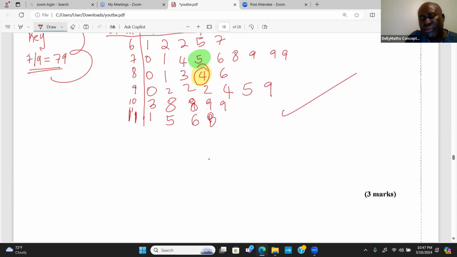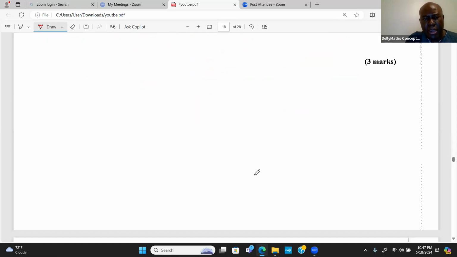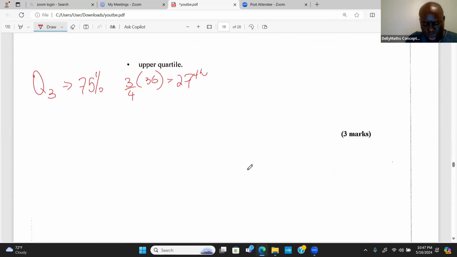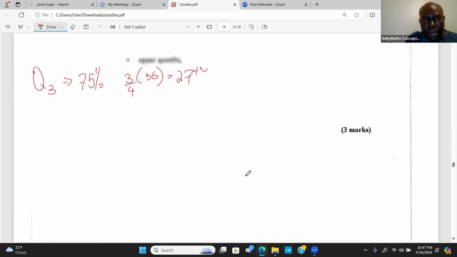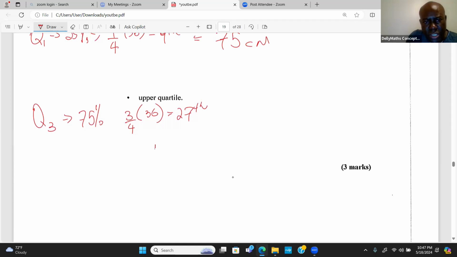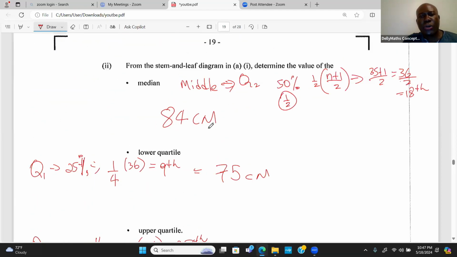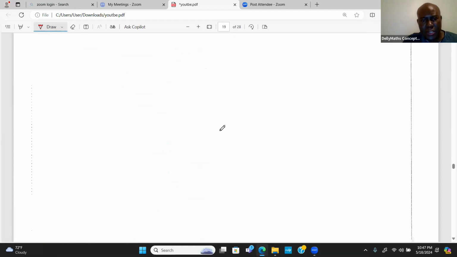We already know that the 4 is 18, 19, 20. 1, 2, 3, 4, 5, 6, 7. This is 103 for my upper quartile. So I'm getting 103 right there, to be exact. So this is 103 centimeters for my third quartile. And so easily we walk ourselves through this.